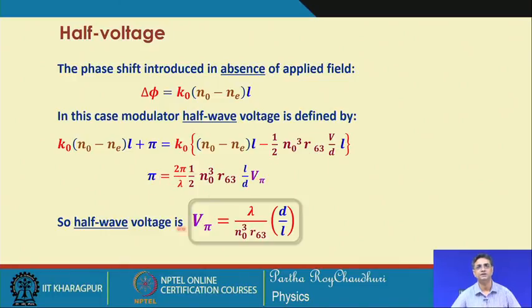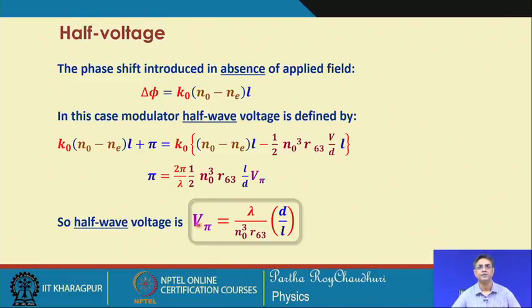So, the half voltage in this case will be equal to, and anyway this V by D has come from the electric field E z. V by D, because this is the transverse mode of operation, and V by D represents the electric field. So, electric field into L, the length of interaction of the two polarized lights, gives you the phase of the light.